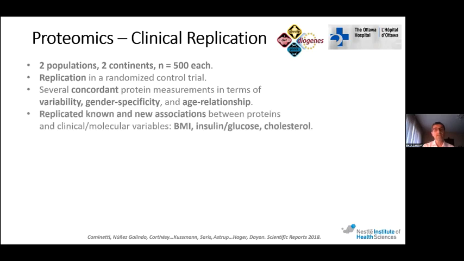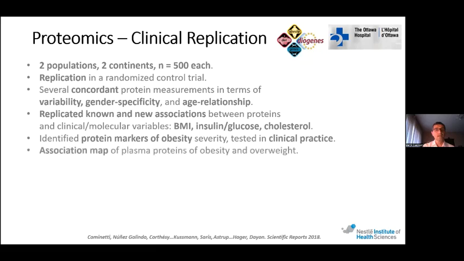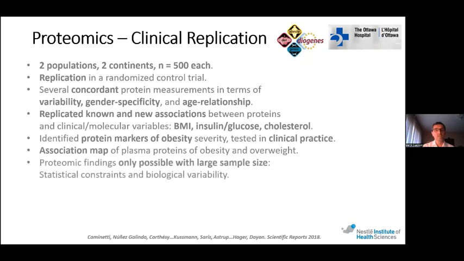We replicated known and also found new associations between proteins and clinical and molecular variables, such as body mass index, insulin and glucose, and cholesterol. And we identified protein markers of obesity severity that can be now tested in clinical practice. And we established this association map of plasma proteins of obesity and overweight for functional information.